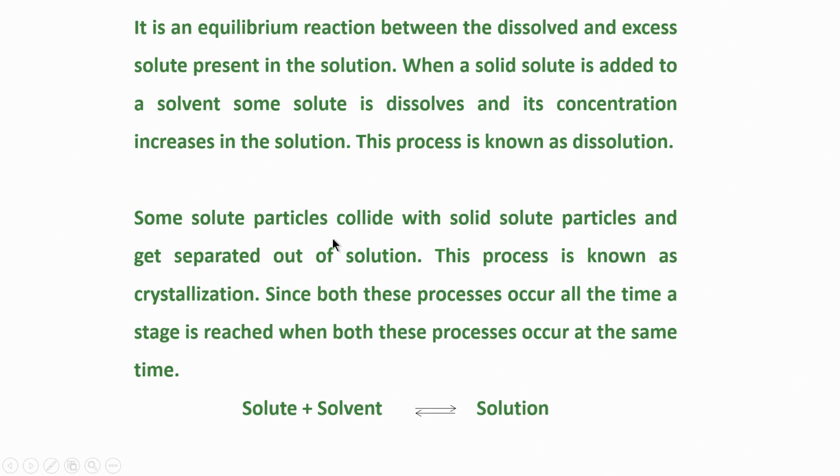So, some solute particles collide with solvent particles and some solute particles also, and they get separated out of solution. That is what is happening whenever we add extra salts into the solution. That is how it can no more dissolve. So, this process is known as crystallization. You prepare a totally saturated solution, just leave it there.